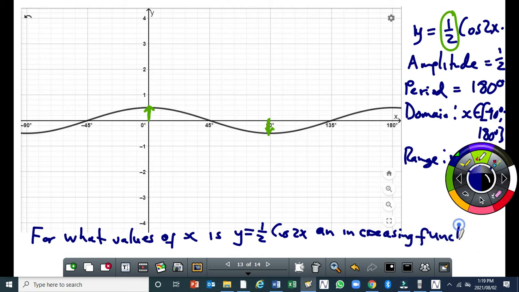The answer cannot be one value. So what values of x is y equal to half cos x an increasing function?